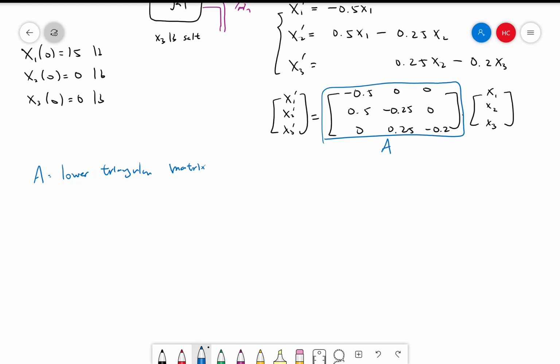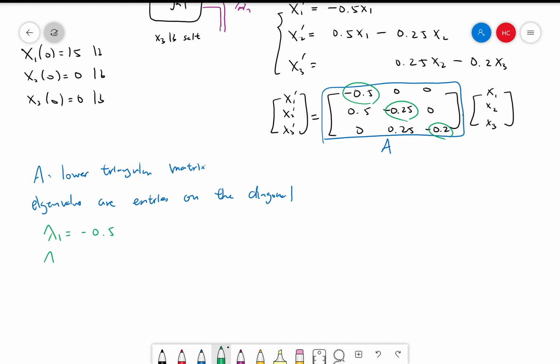For a lower triangular matrix, the eigenvalues are just the entries on the diagonal. So the 3 entries on the diagonal are precisely the eigenvalues: negative 0.5, negative 0.25, and negative 0.2.